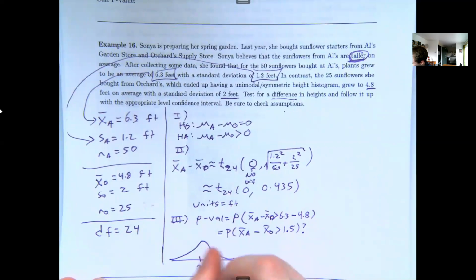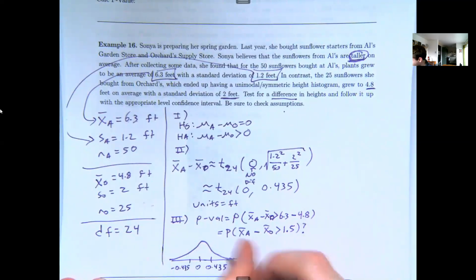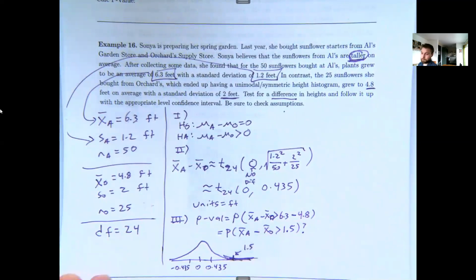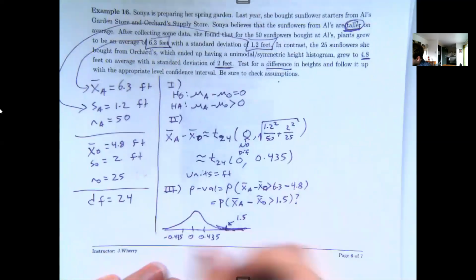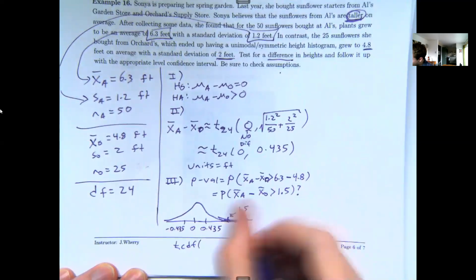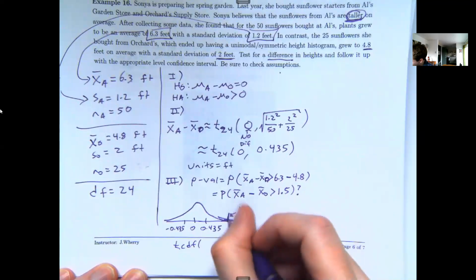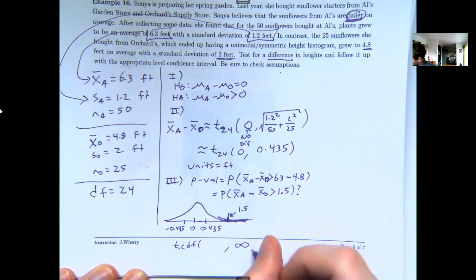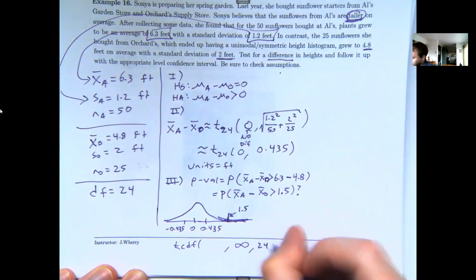So I'm going to draw my picture. The center is 0. I'm counting by about 0.435 or so. And my actual difference is way up here. This is going to be another really small p-value of 1.5 or more. So what I want to eventually be able to do is tcdf of my low value, whatever my t-score for 1.5 is going to be, comma, this keeps going on forever, so comma infinity, comma, my degree of freedom is about 24.